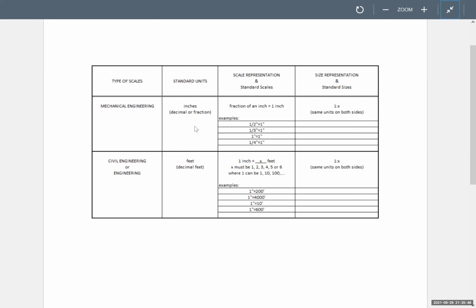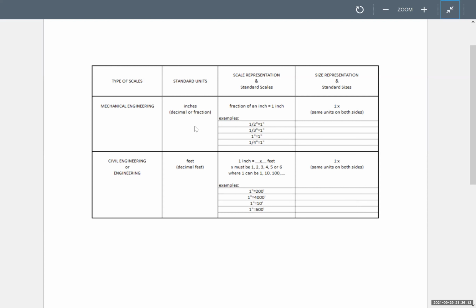So the units for ME are inches. And ME scale, describe for me how I would write an ME scale, Adam. So you'd have a fraction of an inch on the left-hand side and 1 full inch on the right-hand side. Right. So ME scale is a fraction of an inch on the left side and 1 full inch on the other side.